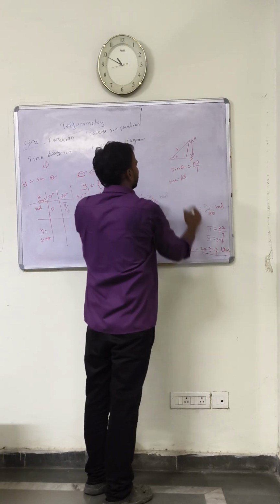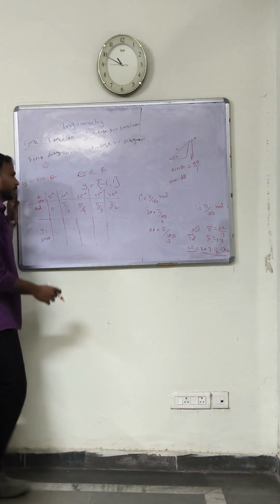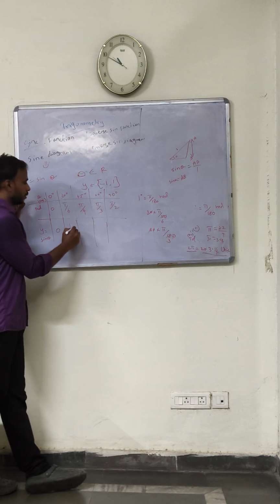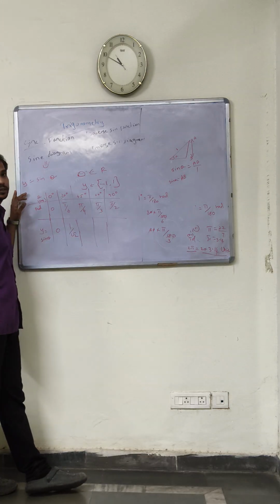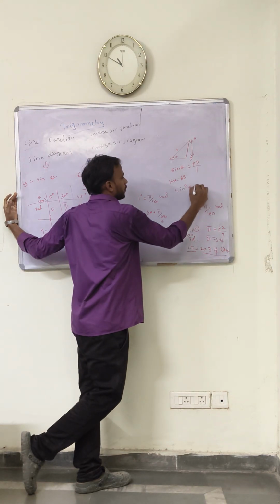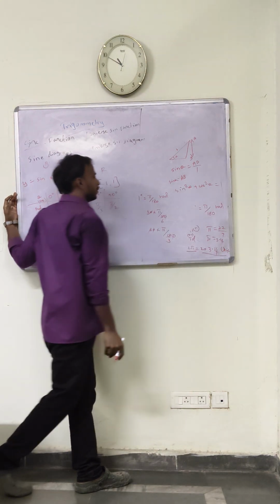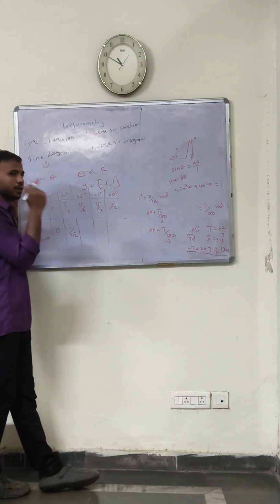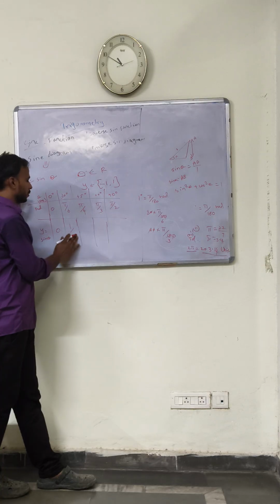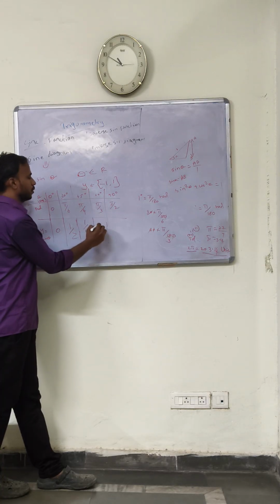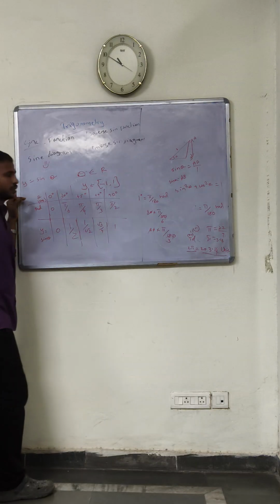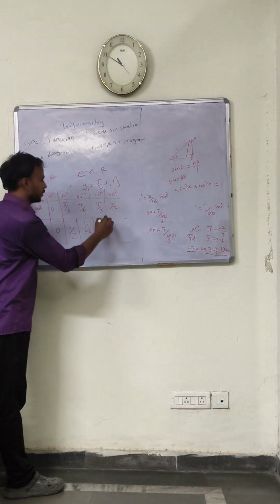So sin 0 is 0, sin 30 is 1 by 2, 1 by root 2, root 3 by 2, here 1. And sin square theta plus cos square theta equal to 1, the trigonometric properties you know well from 11th standard. So this is for sin theta.